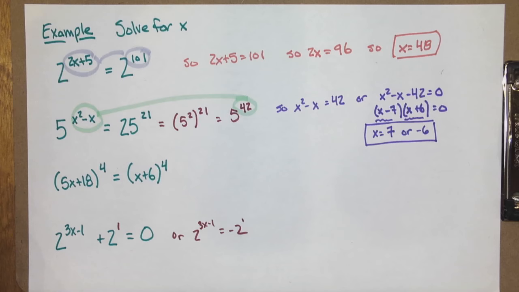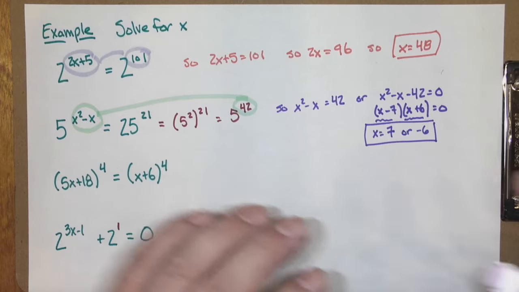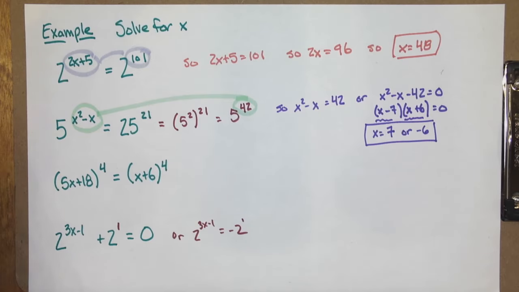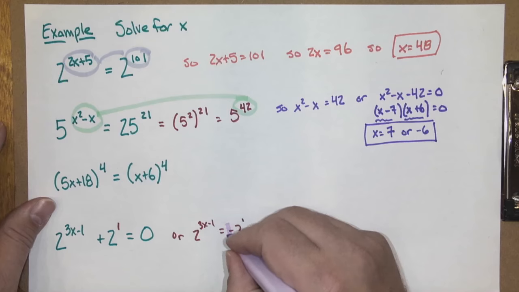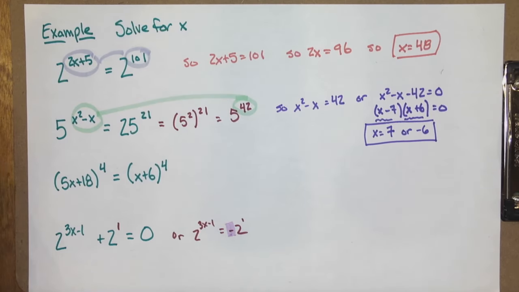So you want 3x minus 1 to be negative 1? No, 3x minus 1. Is that the exponent? I just want to make sure I understand our plan. There's a small catch, though. What do you do about this negative sign?